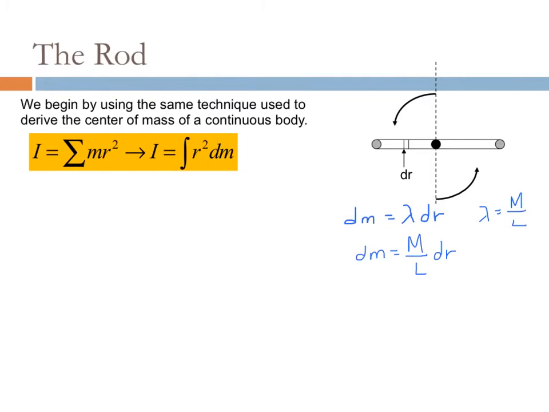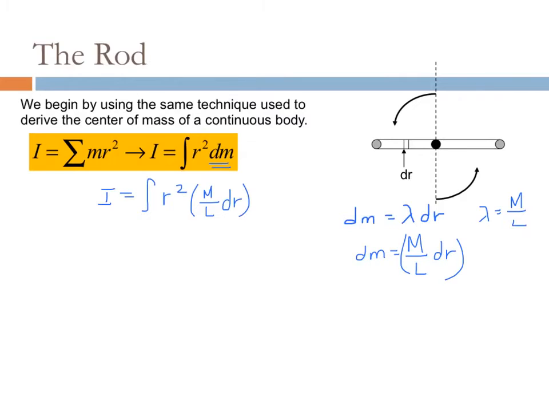Wherever we see dm, we're going to replace it with M dr over L. So that means that our moment of inertia becomes the integral of r squared M over L dr. Now if we look at this, mass is a constant, L is a constant, and the only thing that changes is r.